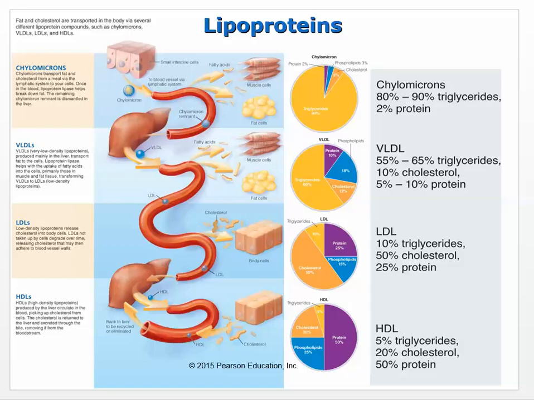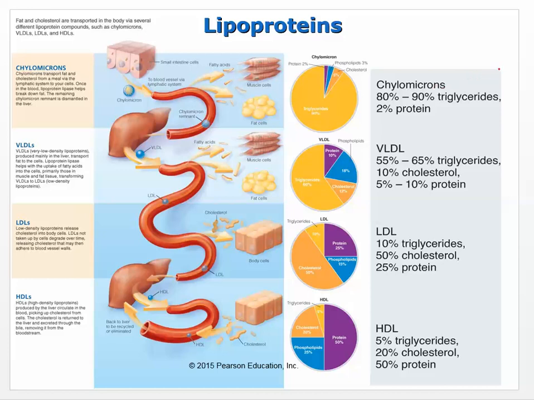It really helps and makes it less mysterious if it all just makes sense in some way. So when we eat a meal, there's a lot of fat in it. It's going to have triglycerides, and there's going to be cholesterol. So these things have to be taken up.